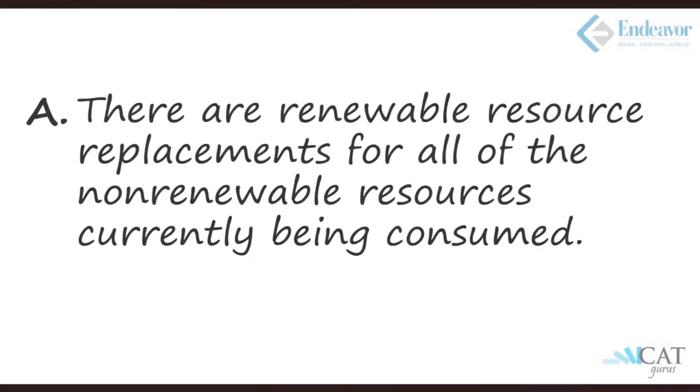Let's look at the options. First one, there are renewable resource replacements for all of the non-renewable resources currently being consumed. Does not help us with the conclusion. Yes, the statement is probably right, but not an assumption. It may be right, may not be right, not the assumption we are looking forward to.